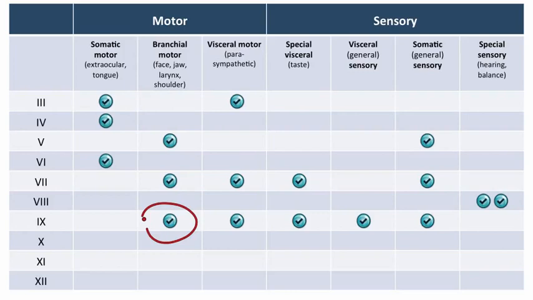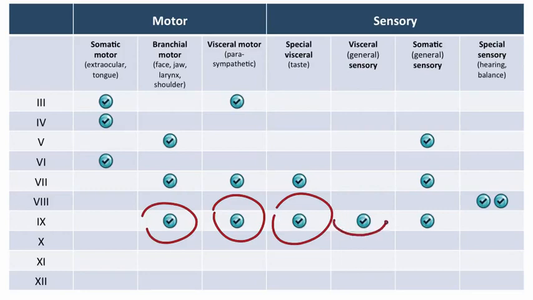That gives us the pharyngeal component of the glossopharyngeal. There is a parasympathetic outflow in nerve 9 to the parotid gland, one of our salivary glands. There's a special visceral sense that's derived from the posterior one-third or so of the tongue. So this is our sense of taste being conveyed from taste buds in that posterior region of the tongue.